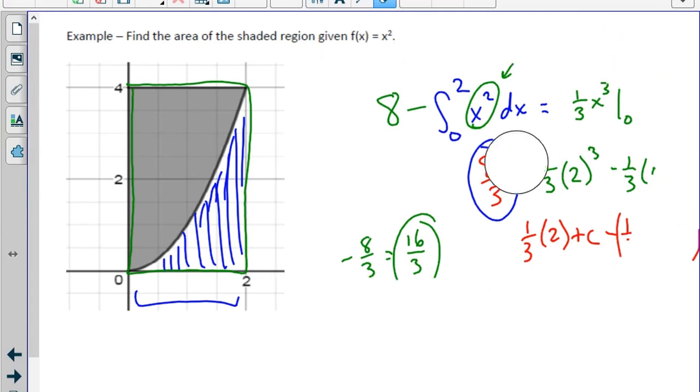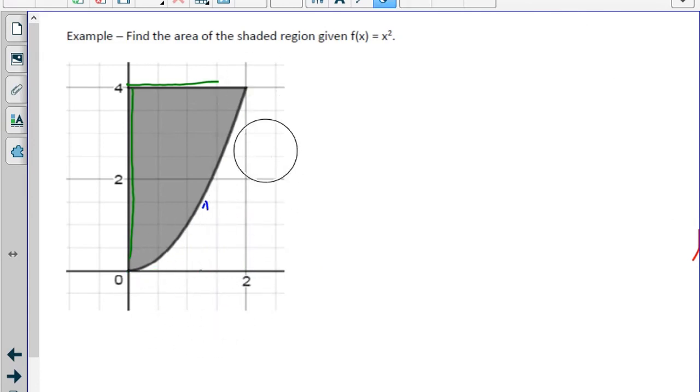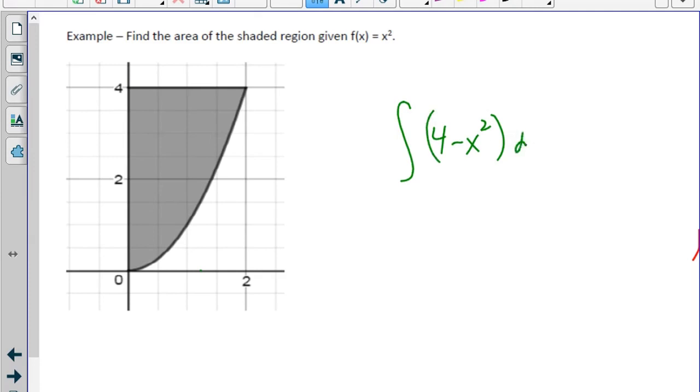Another way that I can do this problem is, instead of trying to find the area of x squared here, I can find the integral of 4 minus x squared dx, evaluated from 0 to 2. What that is essentially doing is finding the area between 4 and x squared.